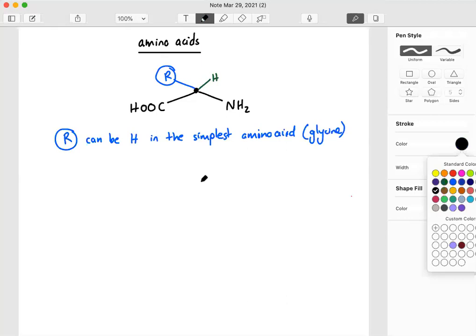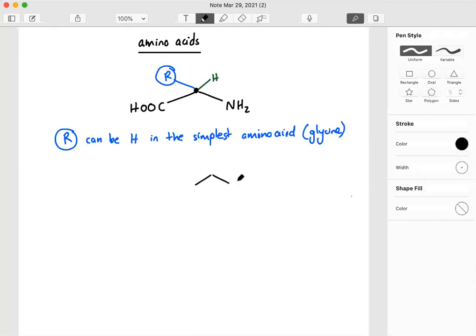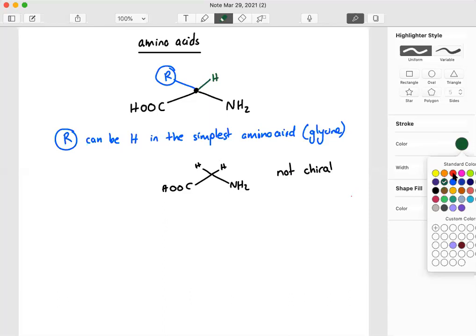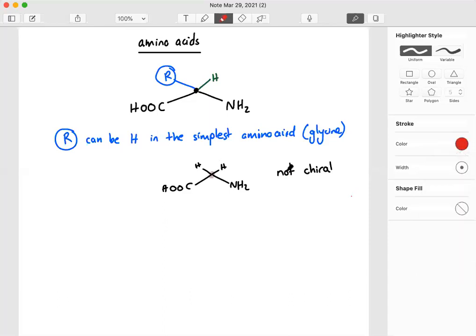So it would look something like this: COOH, H and H. خلي بالك ده الأمينو اسيد الوحيد اللي not chiral، اللي الكربون بتاعه not chiral. فاكرين يعني إيه chiral؟ محاضرة الستيريو chemistry.